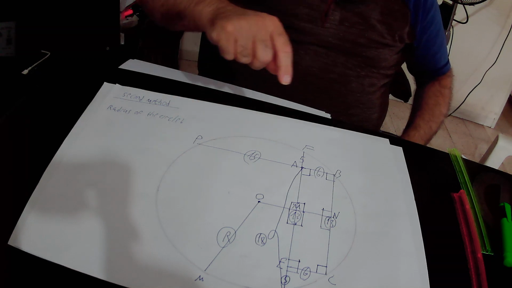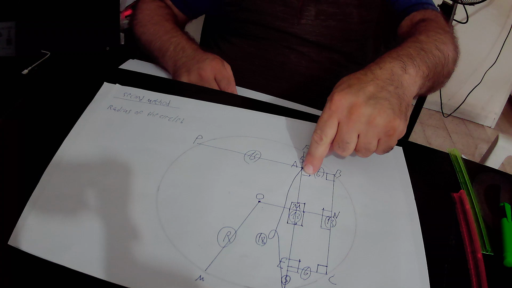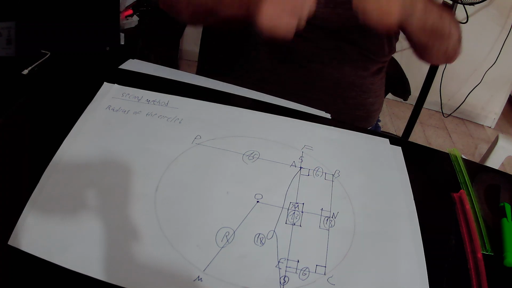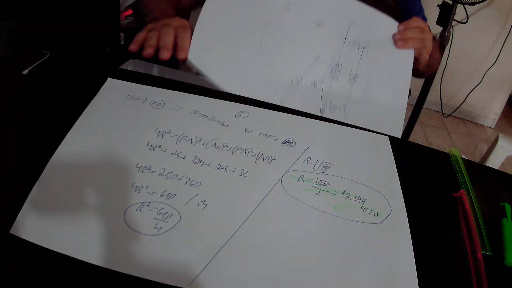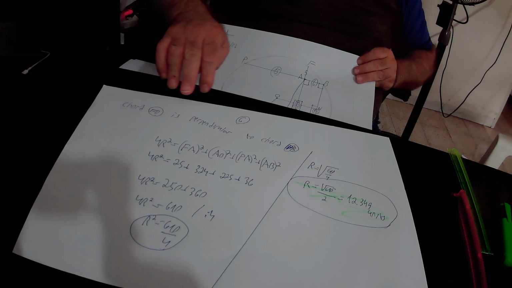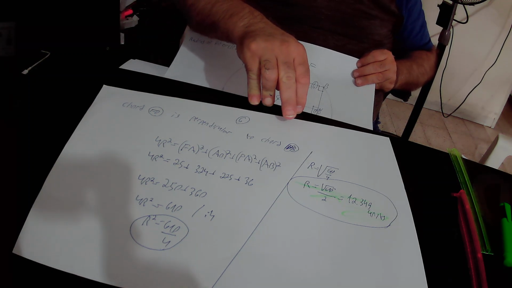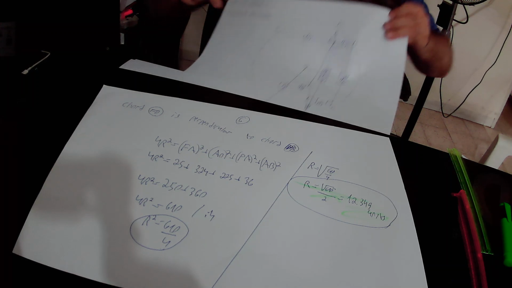Why are they perpendicular? Because they create 90 degrees between them at the intersection point. Therefore, we can implement here rule number 4. In our drawing, we have chord FD perpendicular to chord PB at point A.